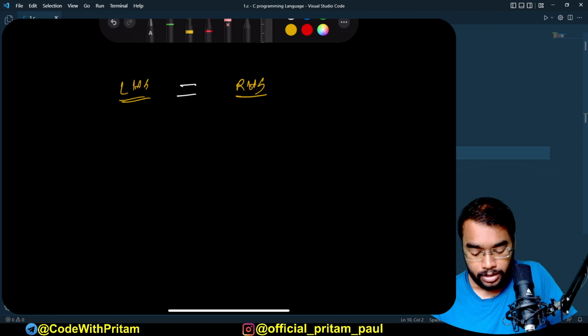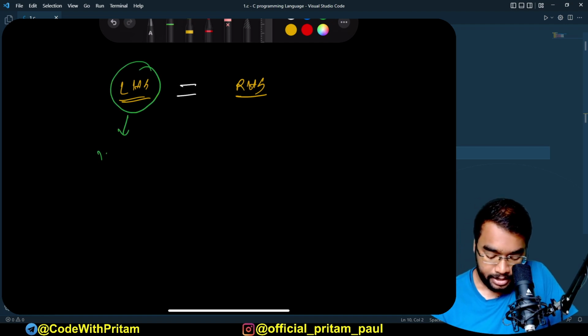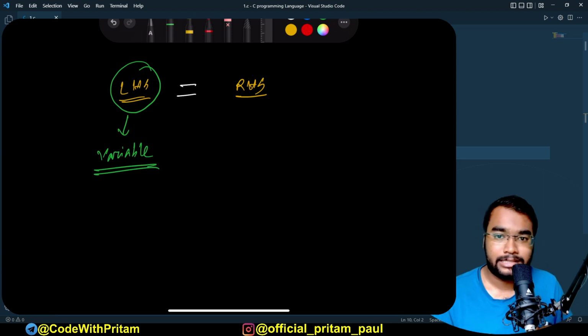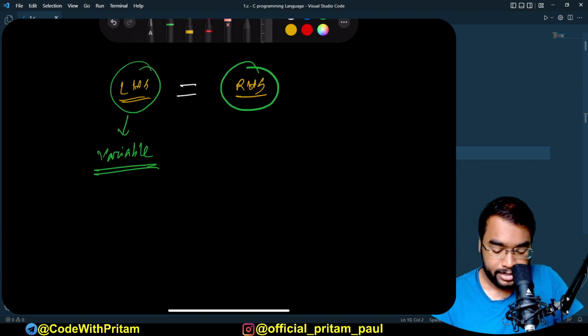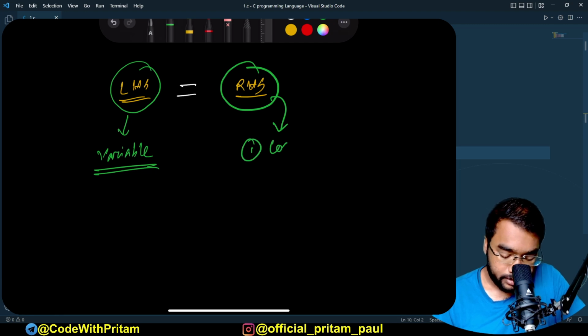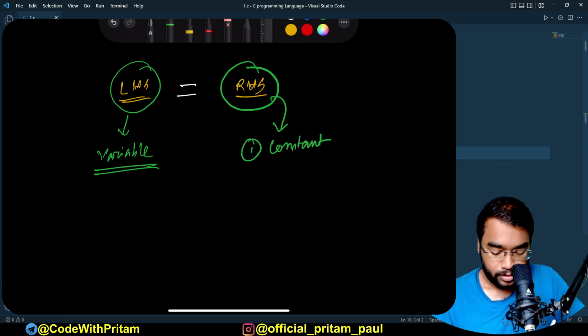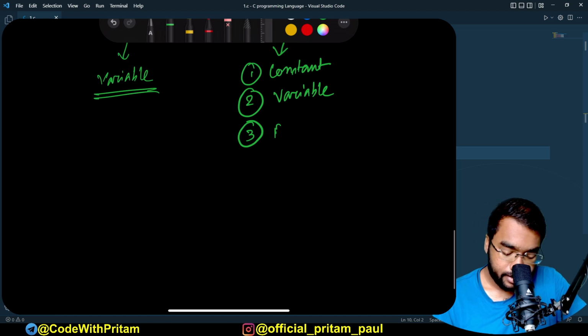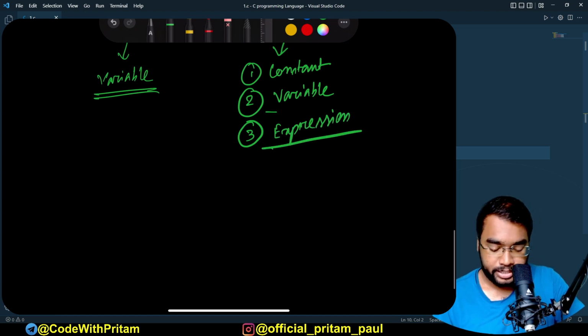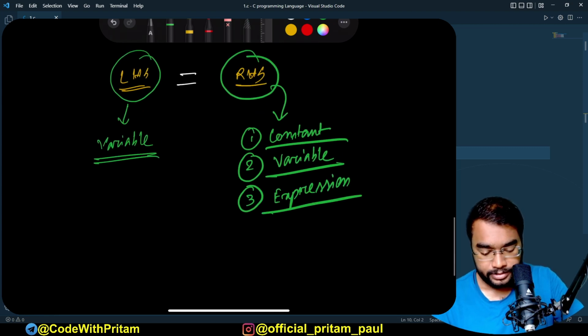The left hand side must be a variable of any data type, that doesn't matter, but it must be a variable. In case of the right hand side, it can be a constant, it can be a variable itself, or it can be an expression.